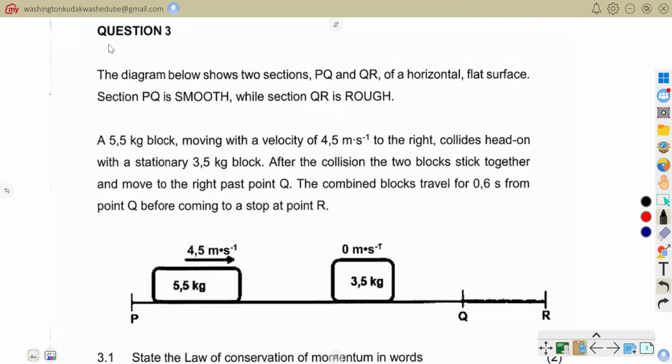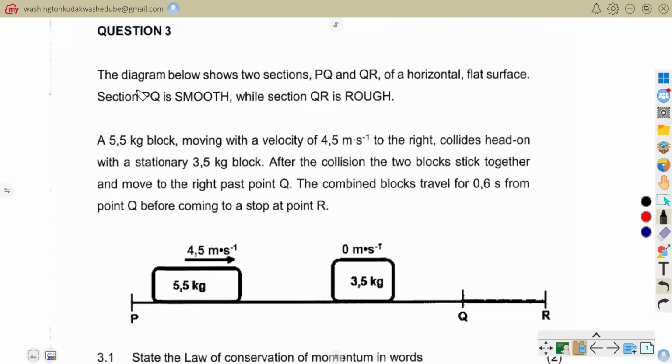This was a question from a question paper from March 2020, from one of the provinces, and it was on momentum, impulse and collisions.